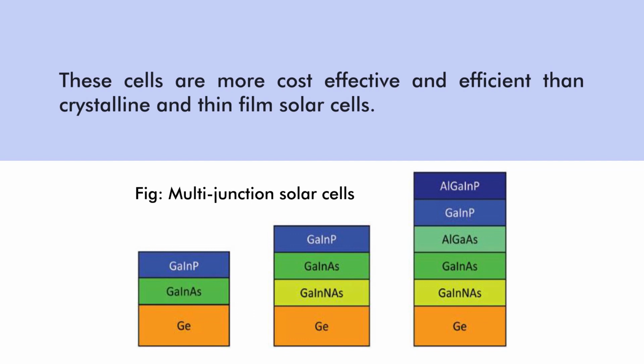They have multiple junctions made of different layers of semiconductor. These cells are more cost effective and efficient than crystalline and thin film solar cells. You can see the various configurations of multi-junction solar cells in this diagram.